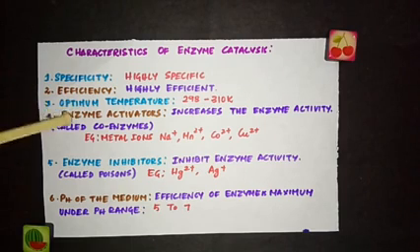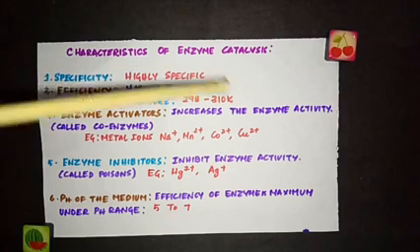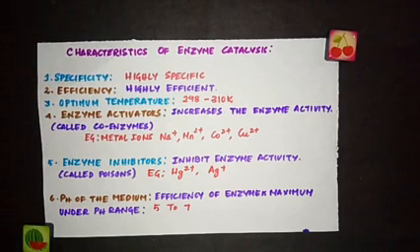Optimum temperature. Enzymes normally work at a certain optimum temperature that lies in the range of 298 to 310 Kelvin, which is the optimum temperature range for the enzymes to be efficient. You would have seen enzymes are very effective in the human body because the normal body temperature suits this purpose.